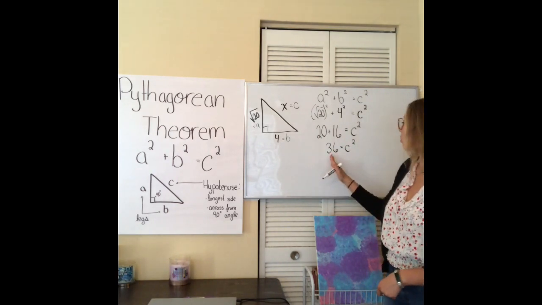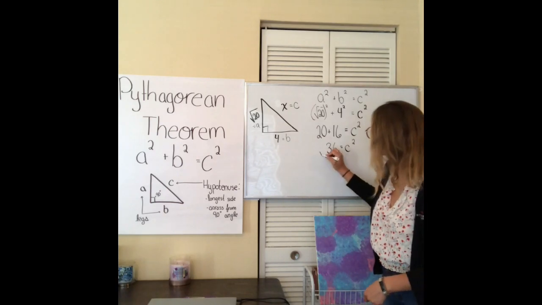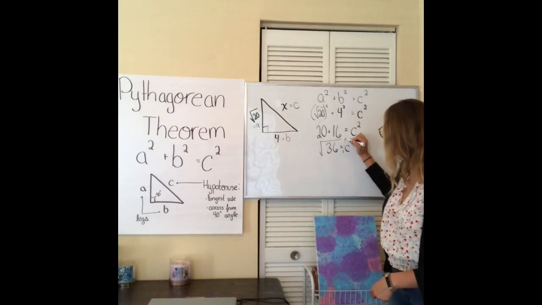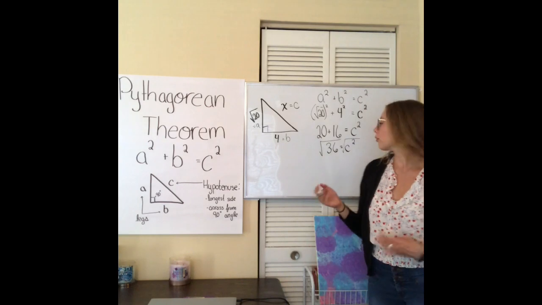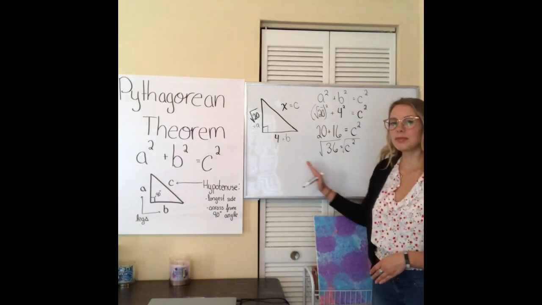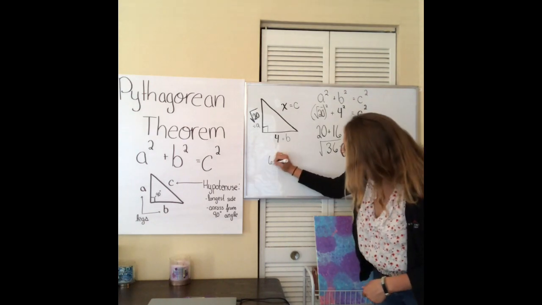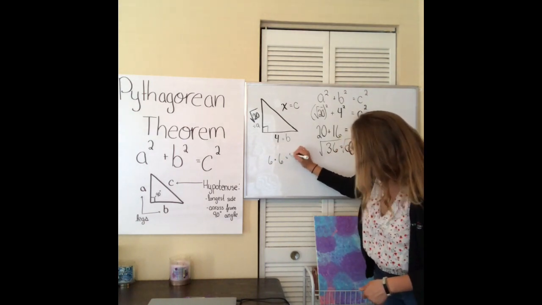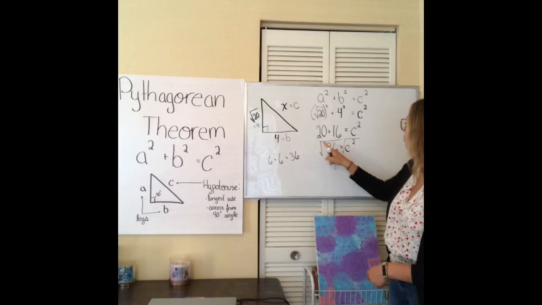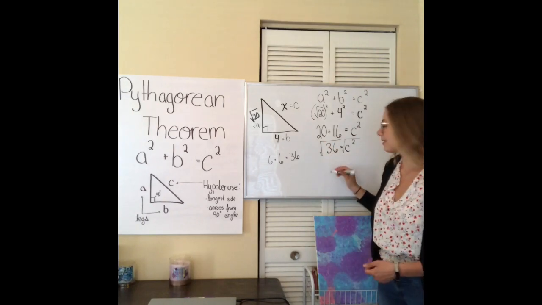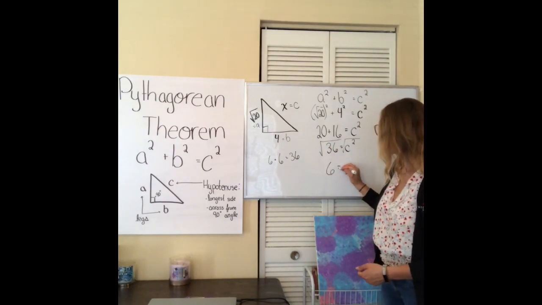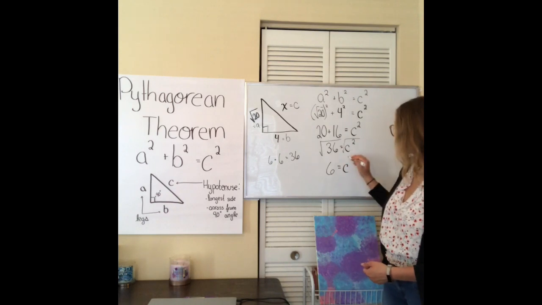And now we'll take a square root of both sides. Remember, a square root is what number times itself gives you what's under the radical. In this case, 6 times 6 is 36. So the square root of 36 is 6, equals C.